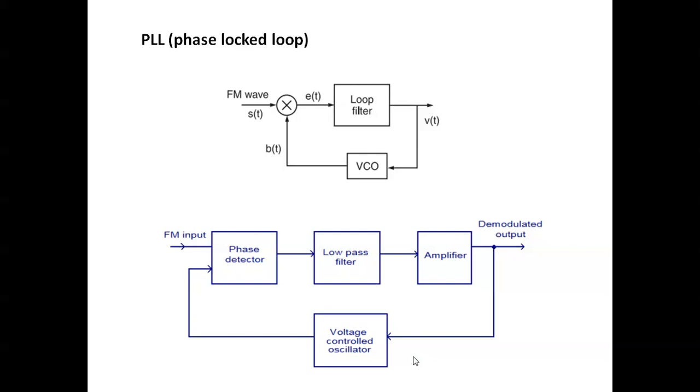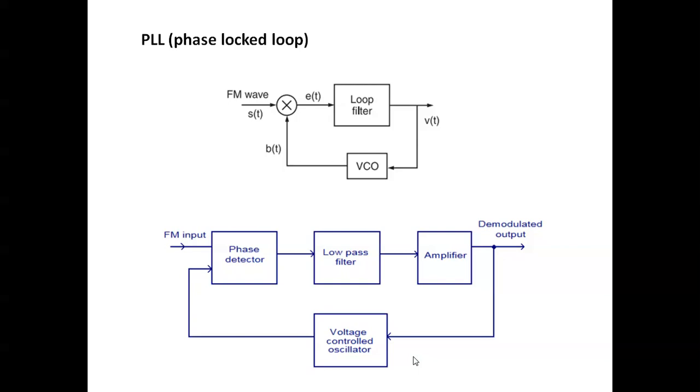At first it won't be matched. The difference between the FM input and the output of the voltage control oscillator is the phase error. Once the error is matched, the output frequency of the voltage control oscillator is sent to the phase detector, then the low pass filter, which eliminates the high frequency component, then the amplifier, and the final demodulated output is again sent to the voltage control oscillator. The loop keeps going, and finally it will match the input signal.